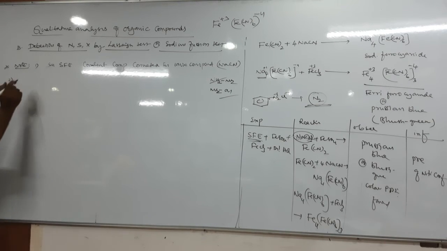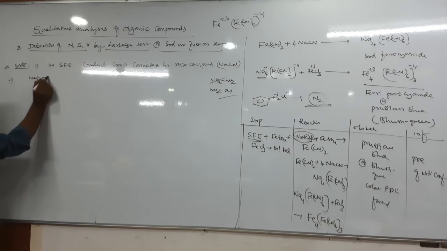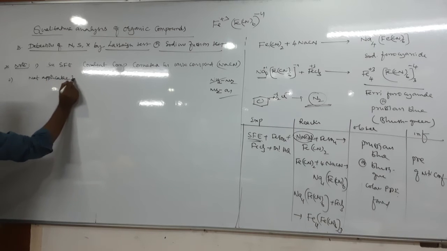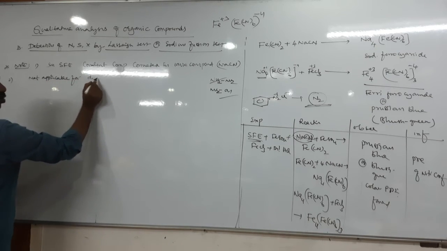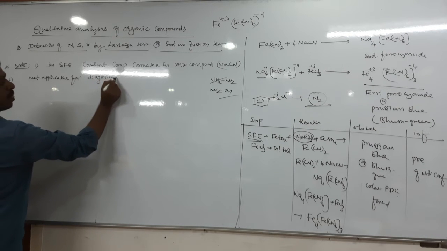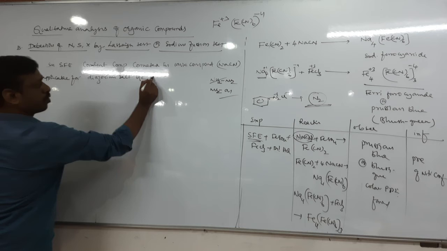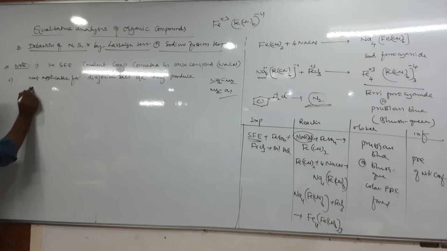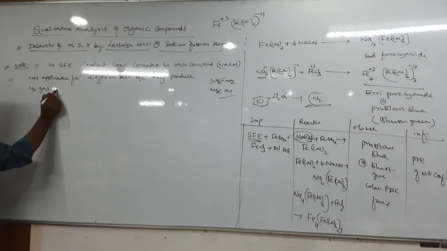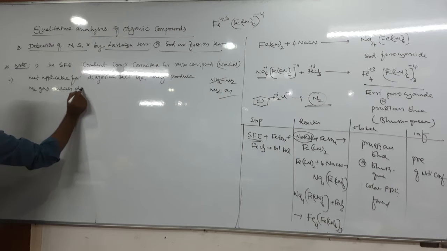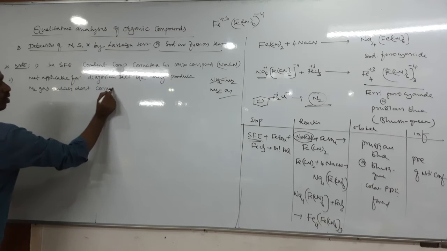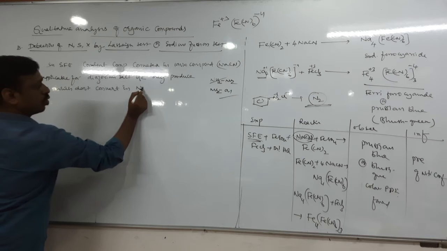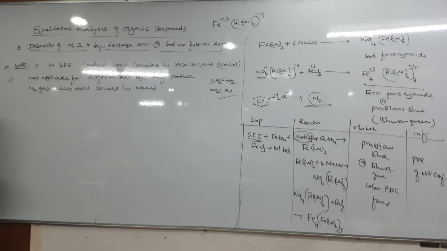The second point is this method is not applicable for diazonium salts, because they produce N2 gas, which does not convert into sodium cyanide, because we wanted sodium cyanide.